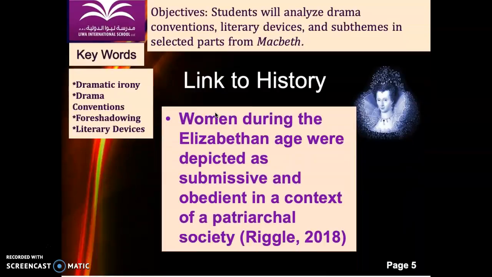Now let's pause a bit and think about the link of this part to history. According to Rigel 2018, women during the Elizabethan age were depicted as servile, submissive, extremely obedient in a context that is patriarchal. Patriarchal means dominated by men. So what does that tell you?